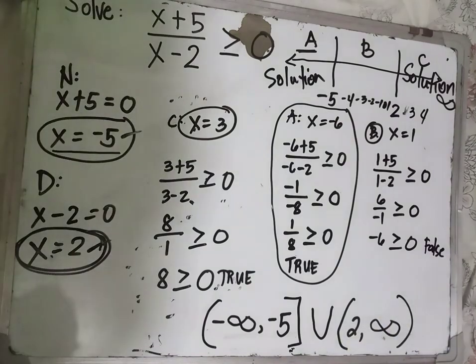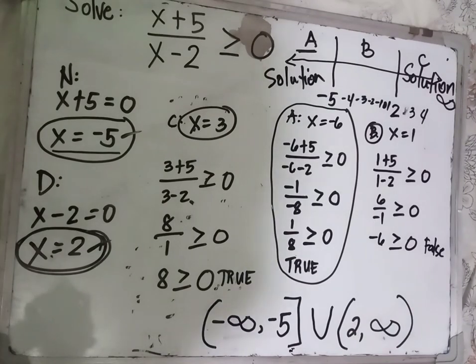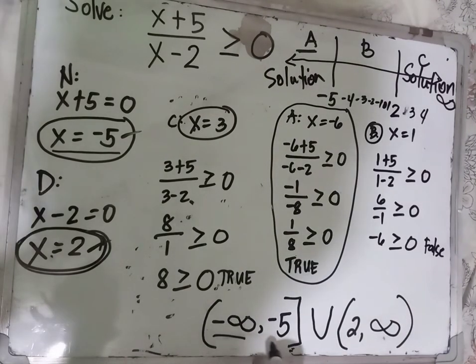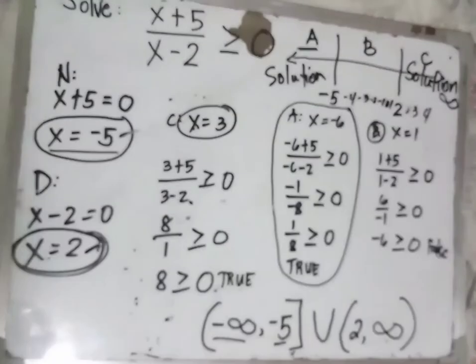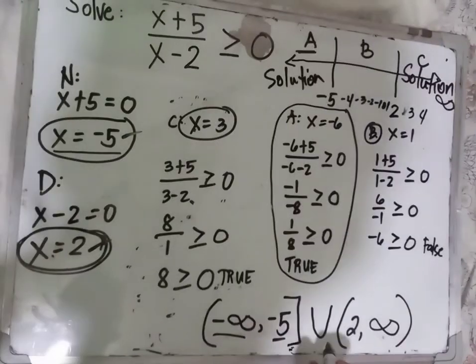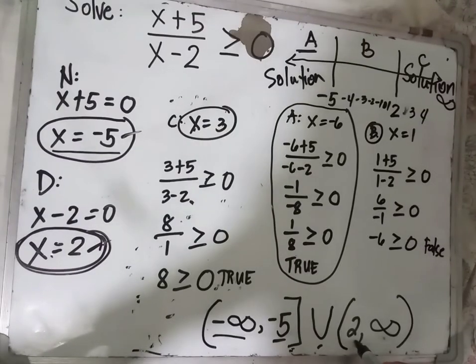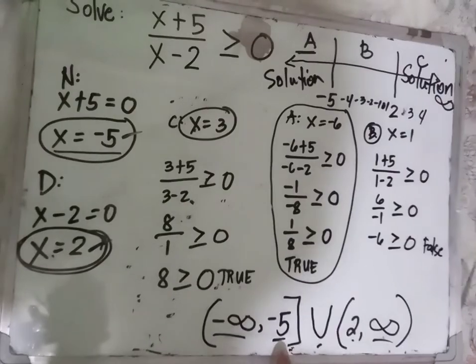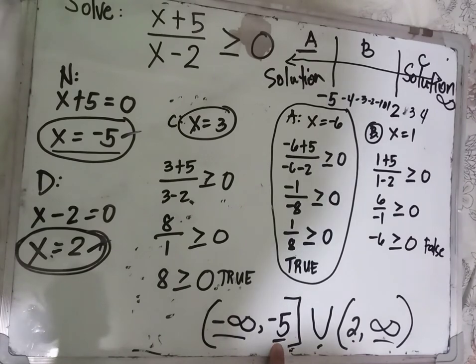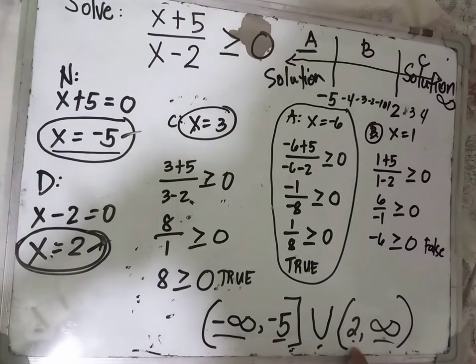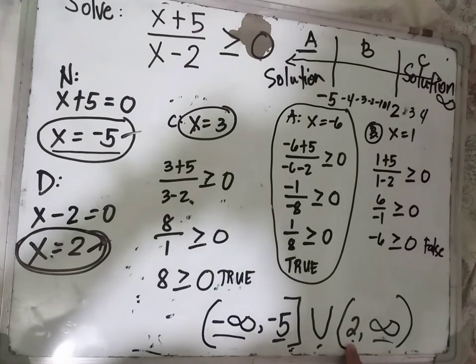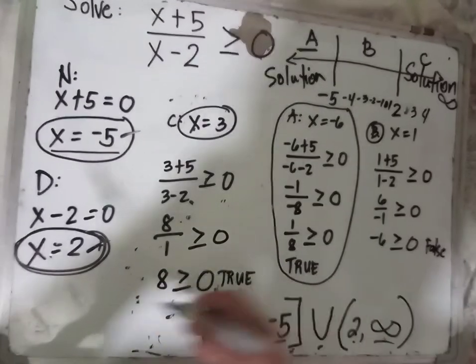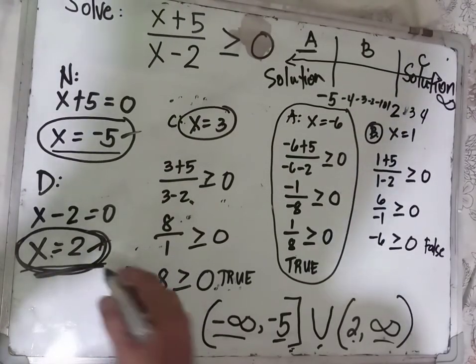Okay, so ang solution natin, makita natin from negative infinity to negative 5, union positive 2 to positive infinity. So included yung negative 5 part of the solution. This one, positive 2 is excluded, but still it is a meaningful number.